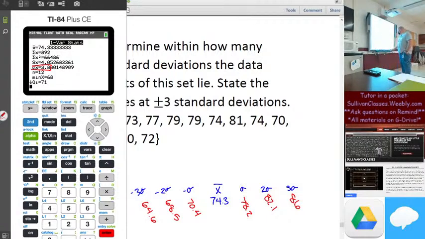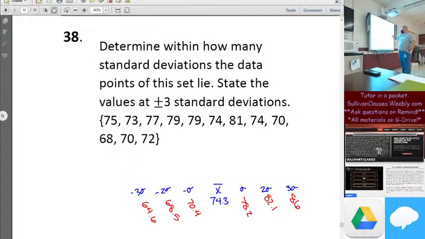Okay. Now, this one was labeled this way because it's plus or minus 3 standard deviations. So technically what I wanted was, on a multiple choice, name these two things, and then state within how many standard deviations does my data fall. Well, the lowest that I see is a 68.